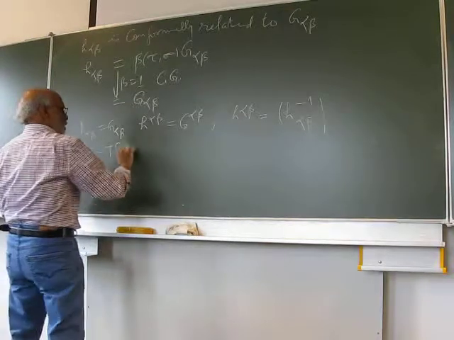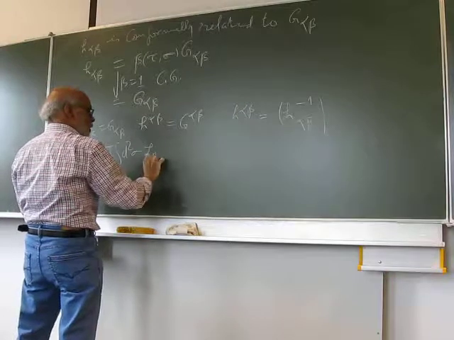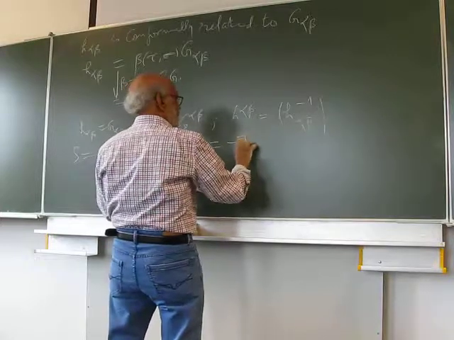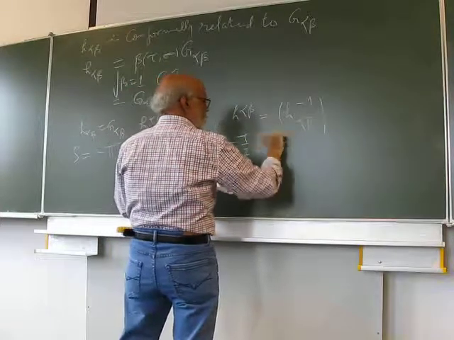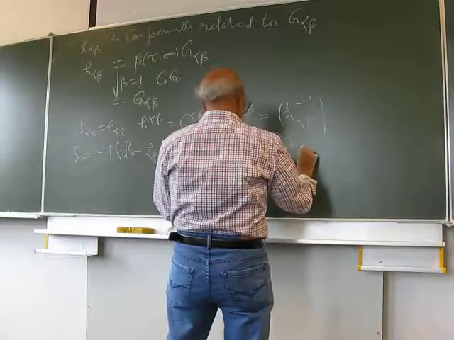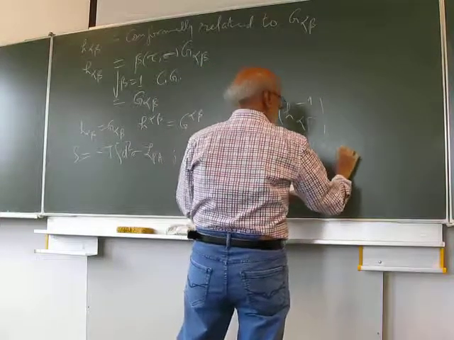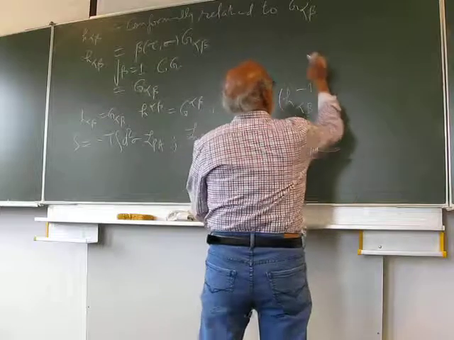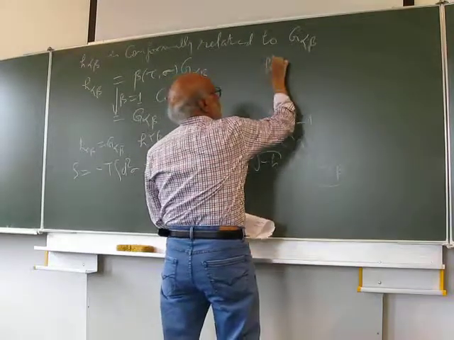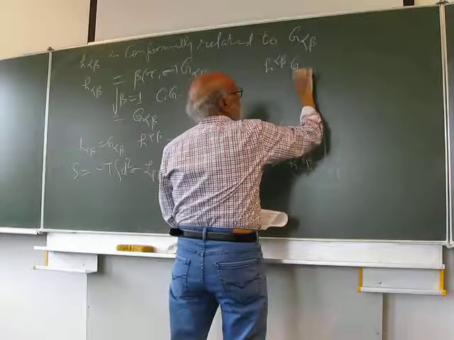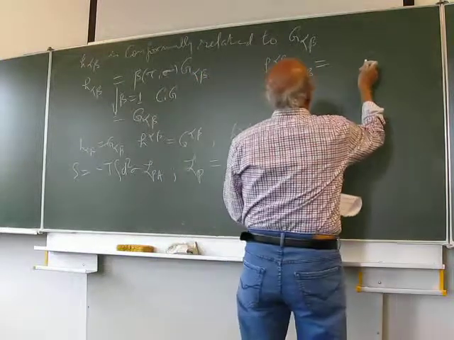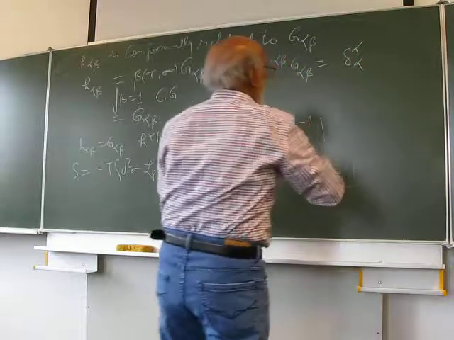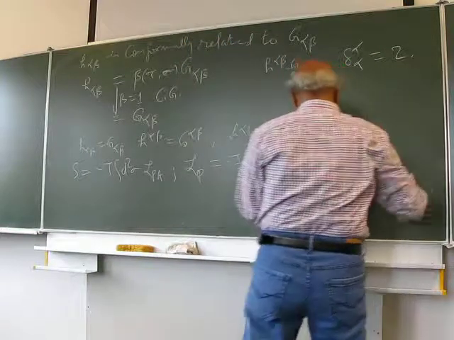Minus T, d2 sigma, Polyakov Lagrangian. This is minus T by 2 square root of minus g times h alpha beta g alpha beta, and if this is h alpha beta, this is delta alpha alpha, and this is equal to 2.